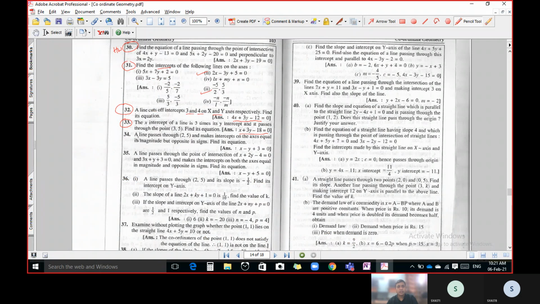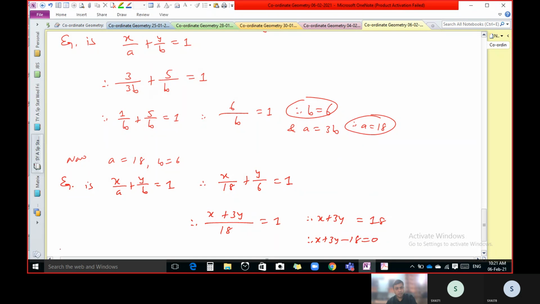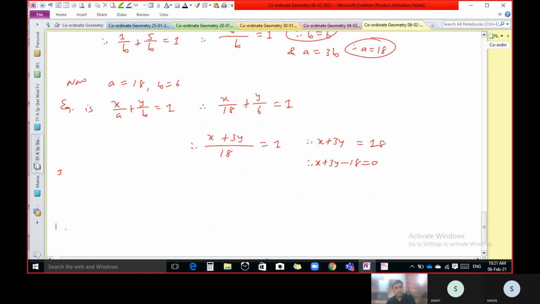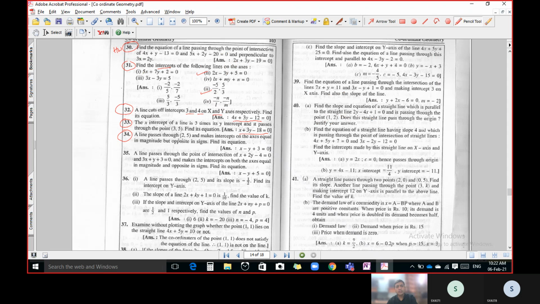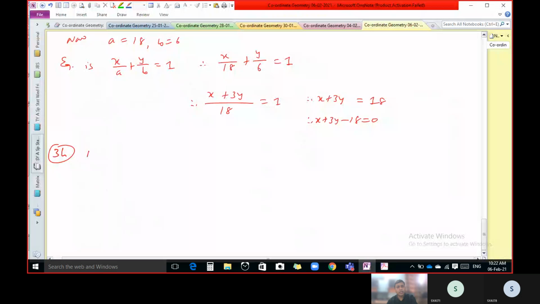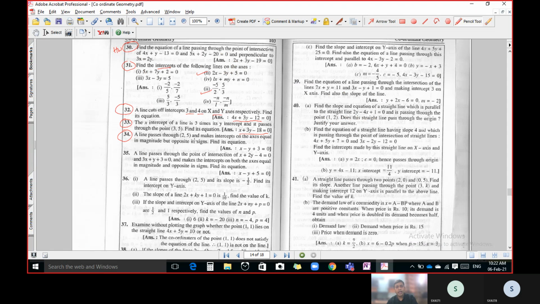Okay, let us do question 34. See the question carefully. A line passes through 2, 5, so the point is given. And it makes intercepts on the axes equal in magnitude but opposite in sign.